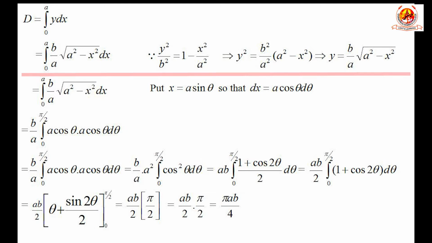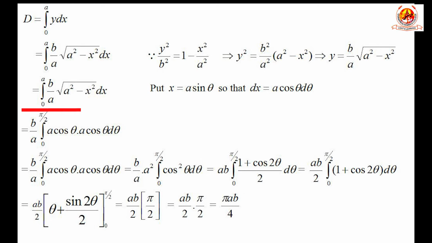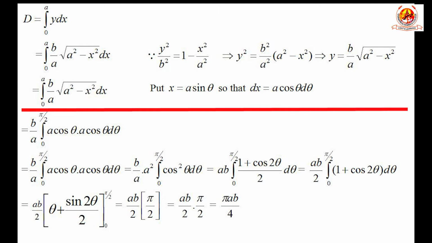Then the area can be interpreted as the integration from 0 to a of b by a under the square root of a squared minus x squared dx. Now here we put x as a sin theta, because dx is equal to a cos theta d theta.